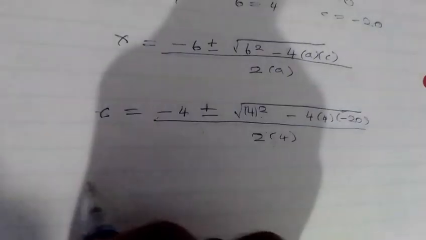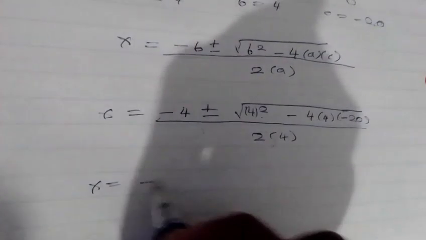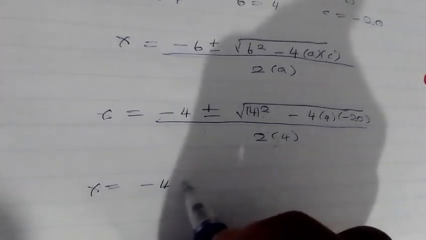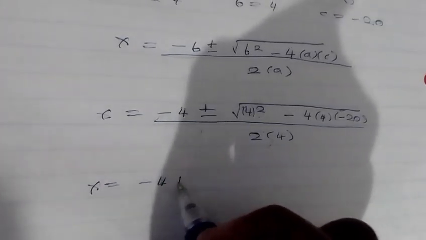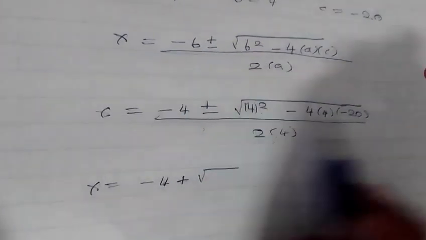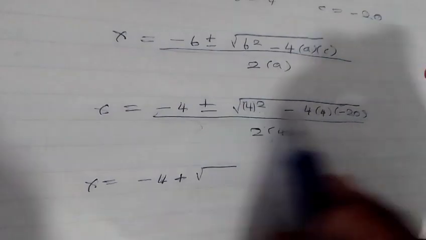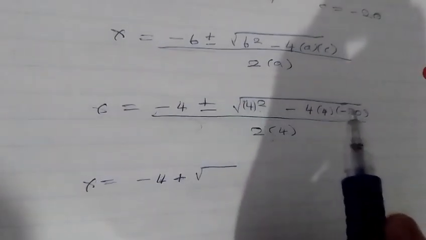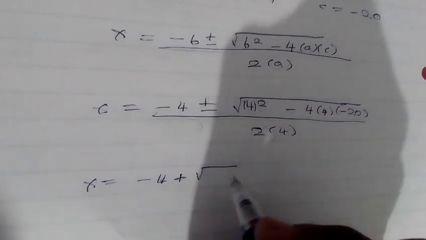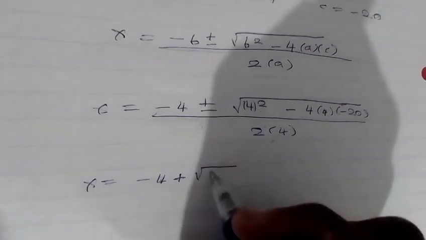Alright, so from there you're going to say negative 4 plus, and then we need the final answer of the sum under the square root, which is 336.